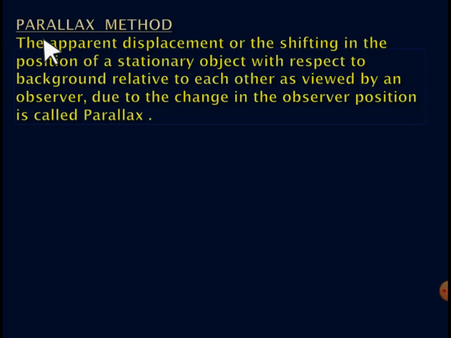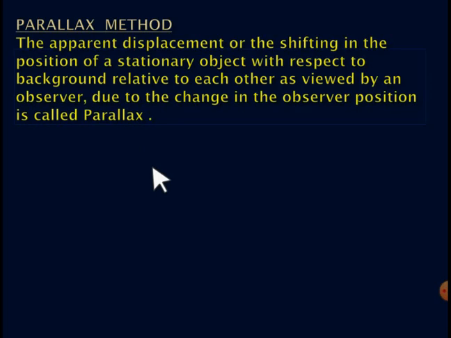So first, what is the parallax method? We need to know it. Suppose you hold a pen in front of you and close one of your eyes, and watch only through the other eye.